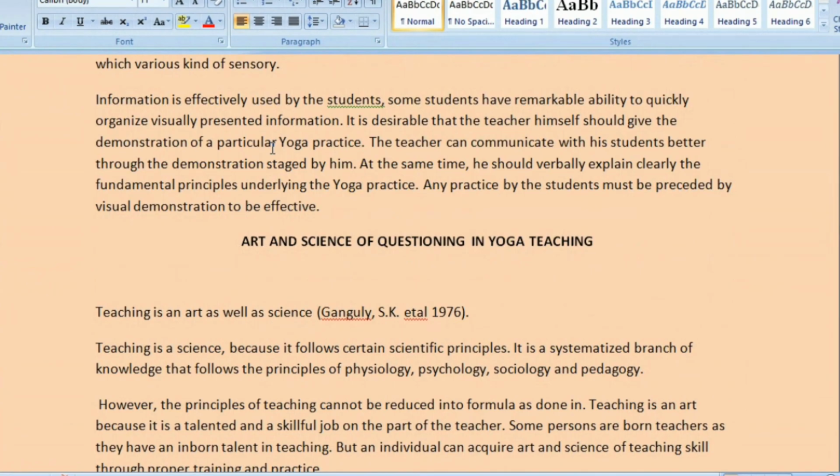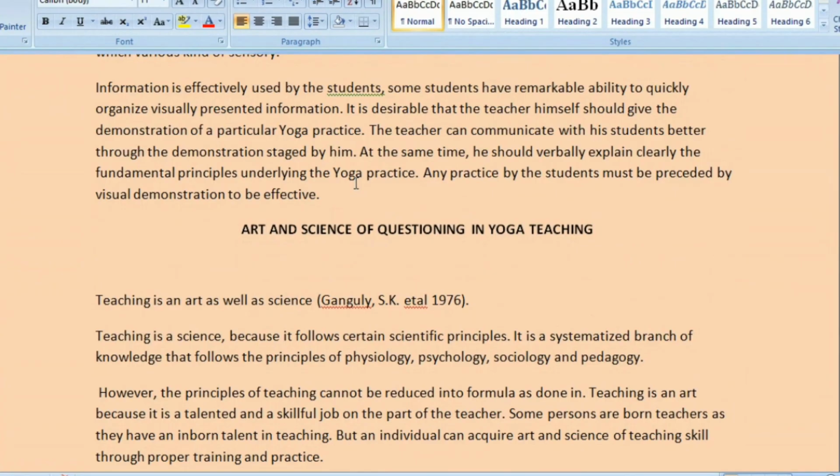The teacher can communicate with his students better through the demonstration by him. At the same time, he should verbally explain clearly the fundamental principle underlying the yoga practice. Any practice by the student must be preceded by visual demonstration to be effective.